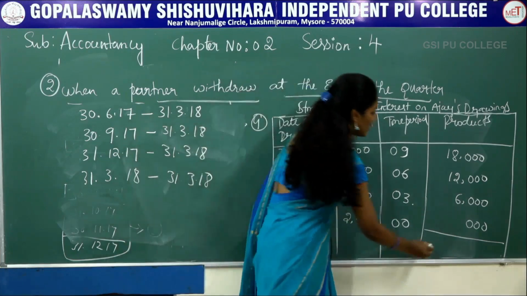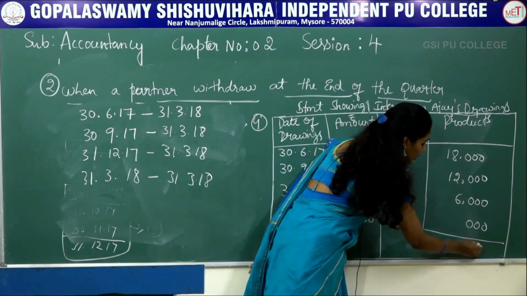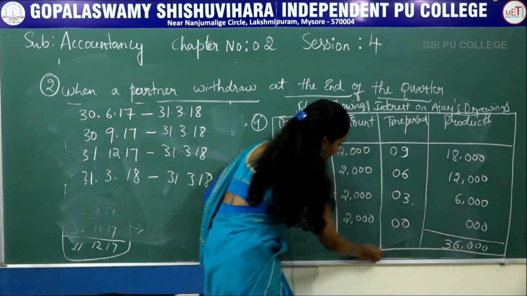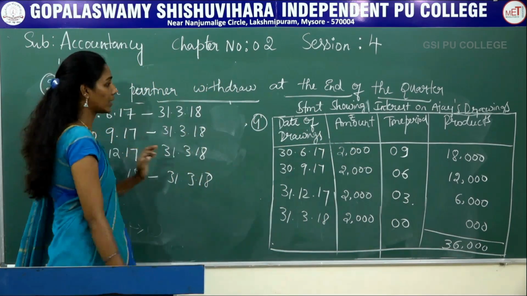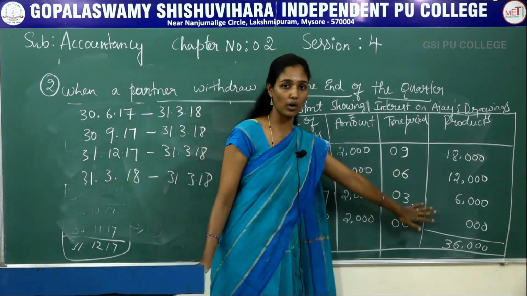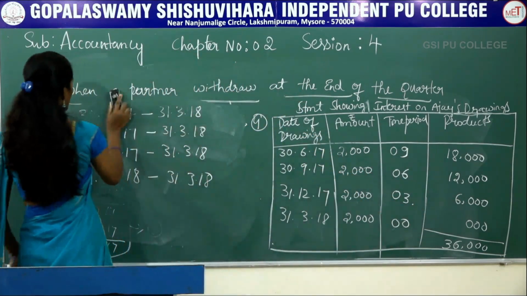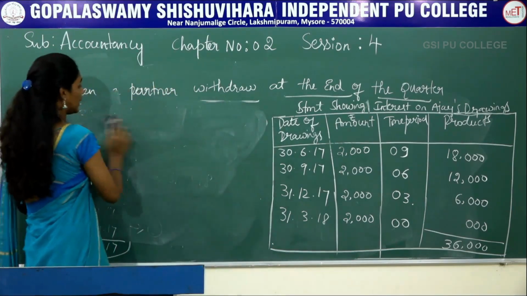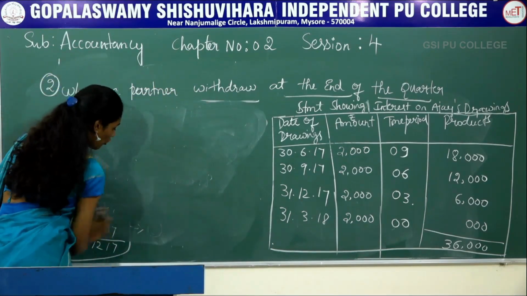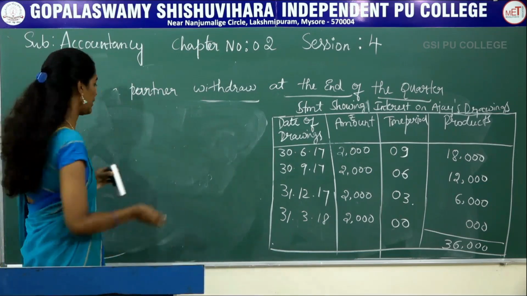You will get 36,000 as total product. This is only a table to find out the total products. The more important part in the product method is the application of the formula.